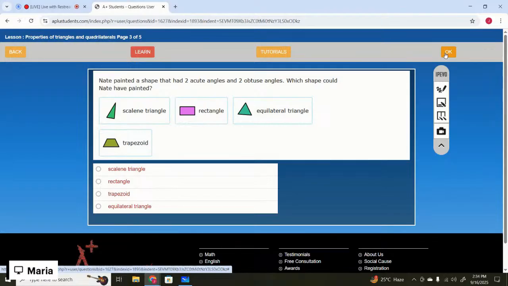That is a trapezoid, right? Two obtuse and two acute angles, that must be a trapezoid.